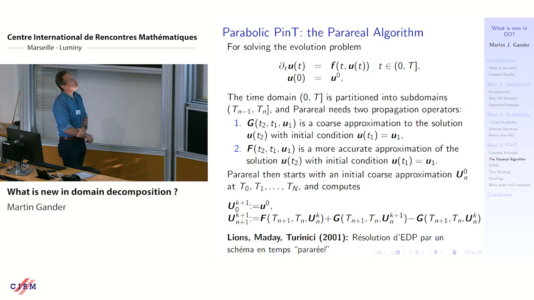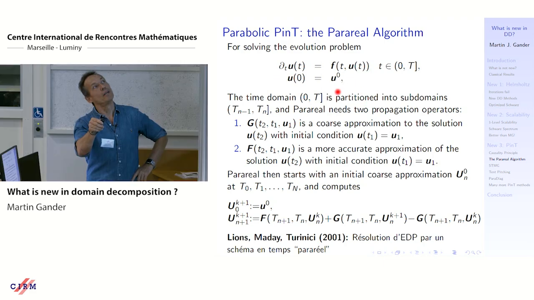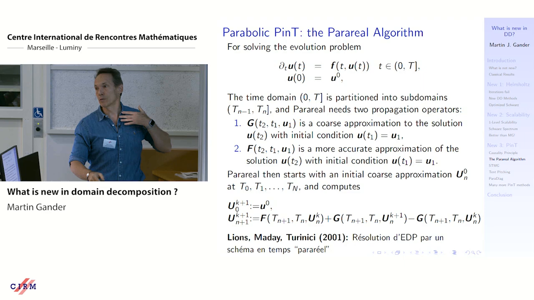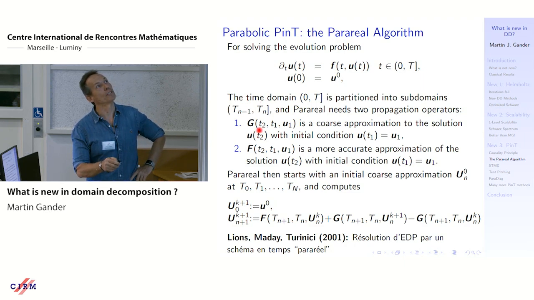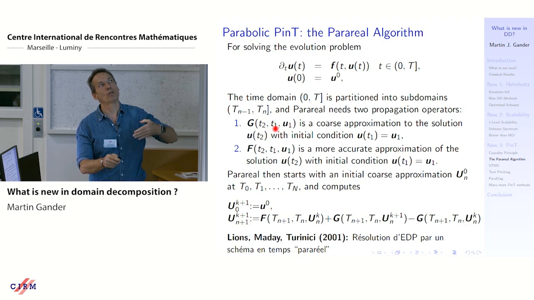So I show you a first algorithm that works very well for parabolic problems. This is the parareal algorithm. It's a very simple algorithm. You take a system of ODEs, you decompose the time interval into subdomains in time, and you do a correction iteration. You need two solvers, a G, which is a coarse solver that solves for an initial condition at time t1, gives you a solution at time t2.